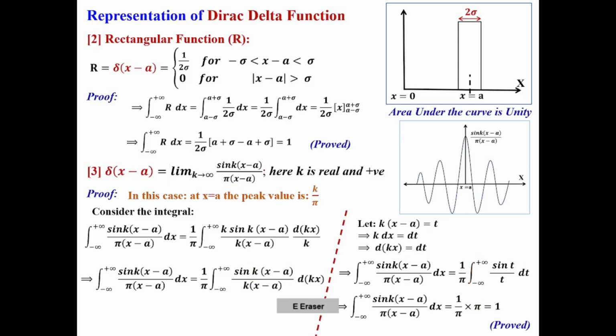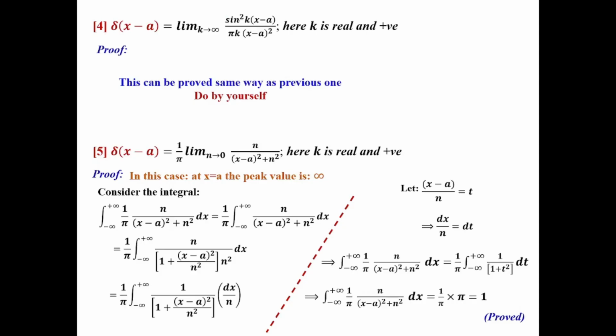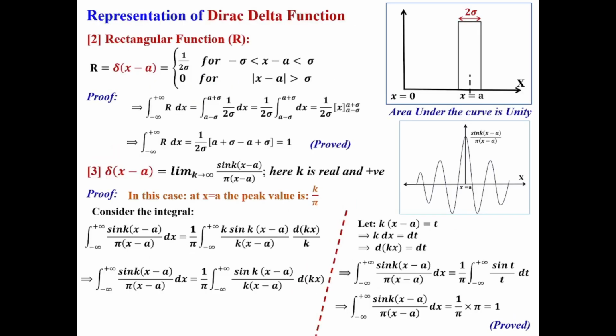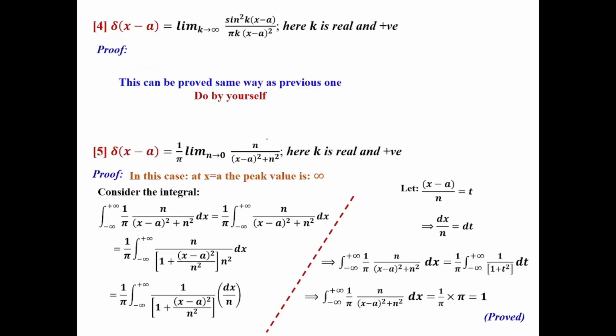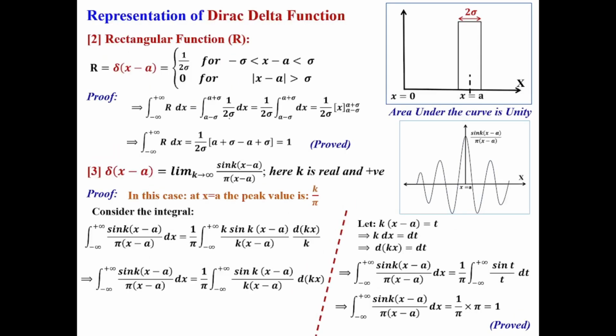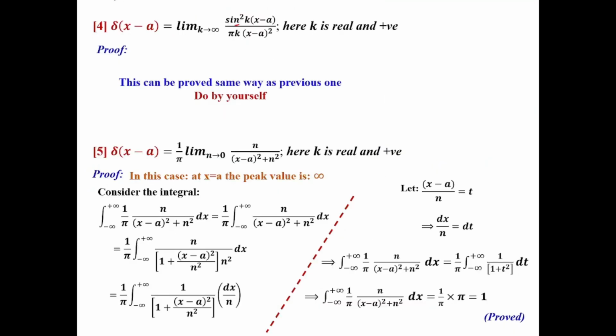Okay, now we are going to go for another function, this one, sin square k(x minus a) by pi k(x minus a) square. If I compare it with the previous one, it was sin k(x minus a), here sin square is there. As we proved the third function, in a very similar way you can prove this function also.